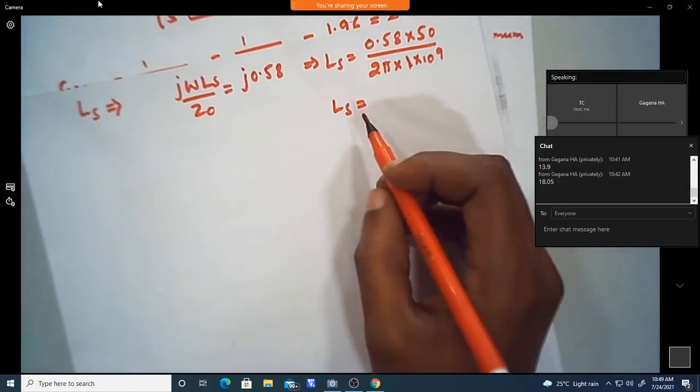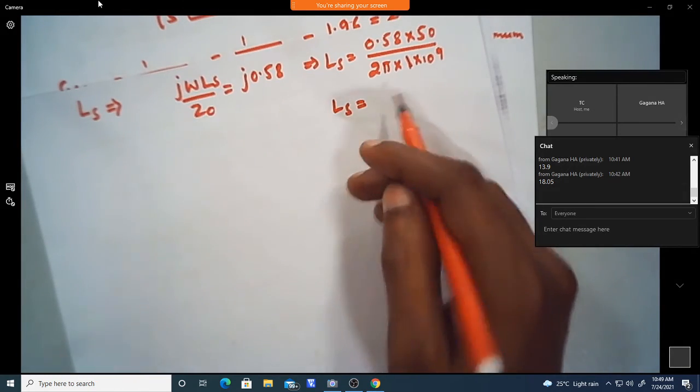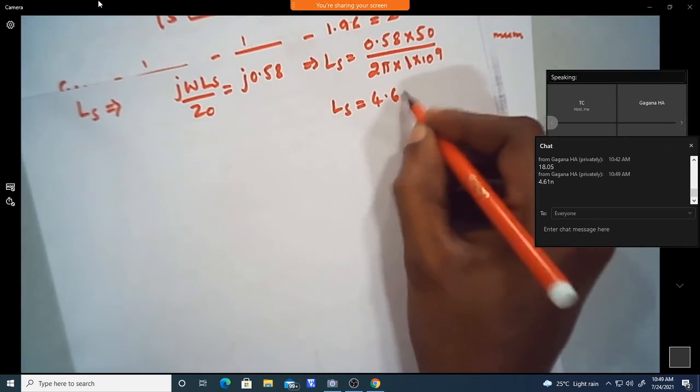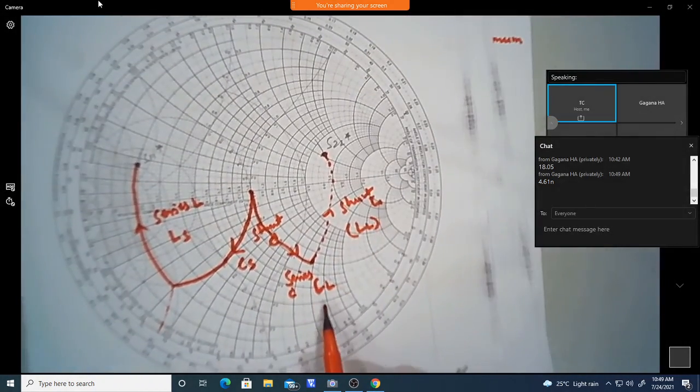What's the value of LS? Okay, 4.61 nanohenry.